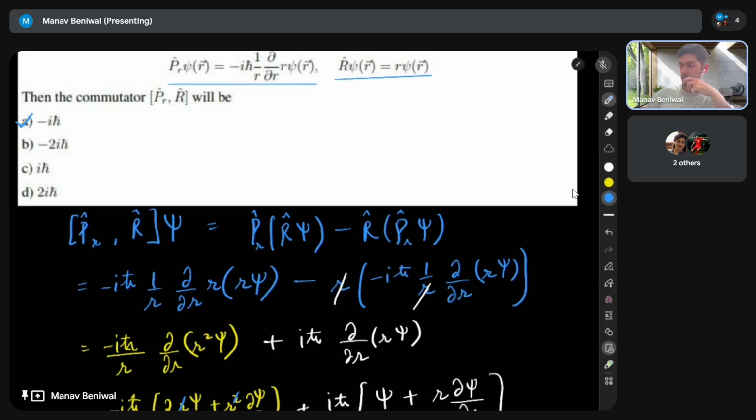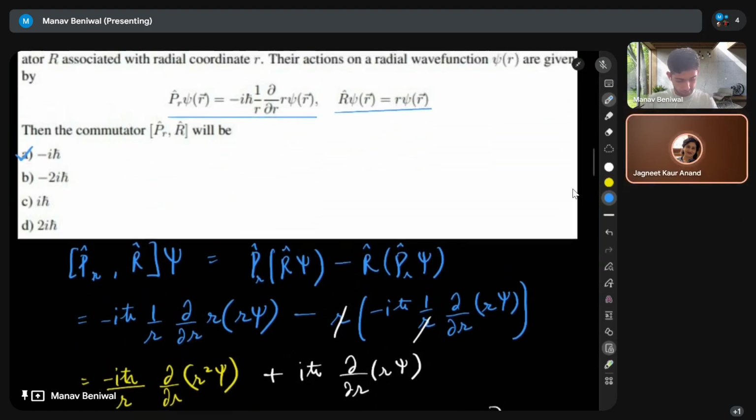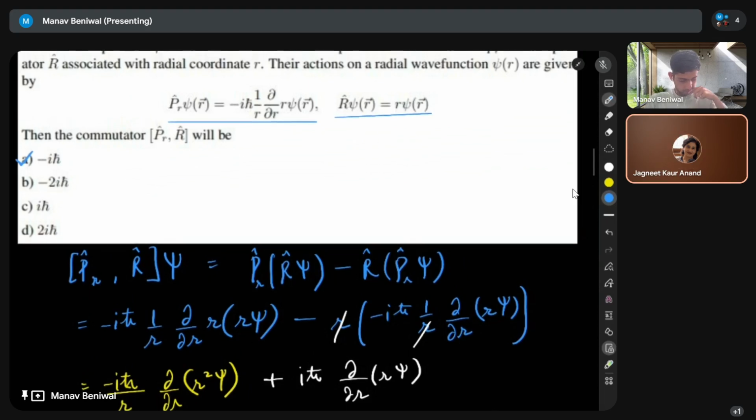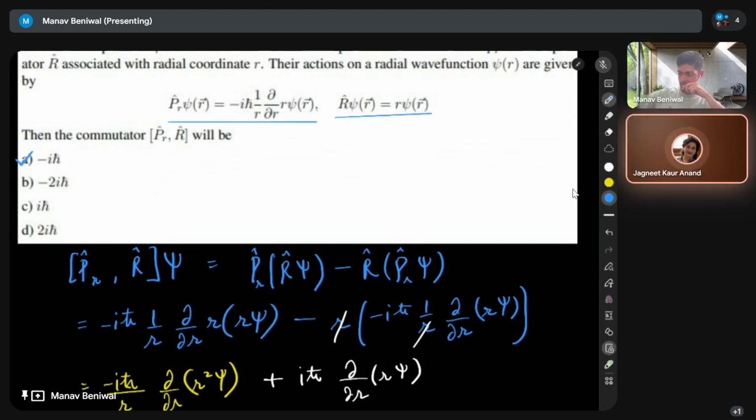Any doubts? In this question, can we say that P and R both have the same eigensets, psi R? And their commutator also has the same eigenset, psi R. So, can we infer something from here?